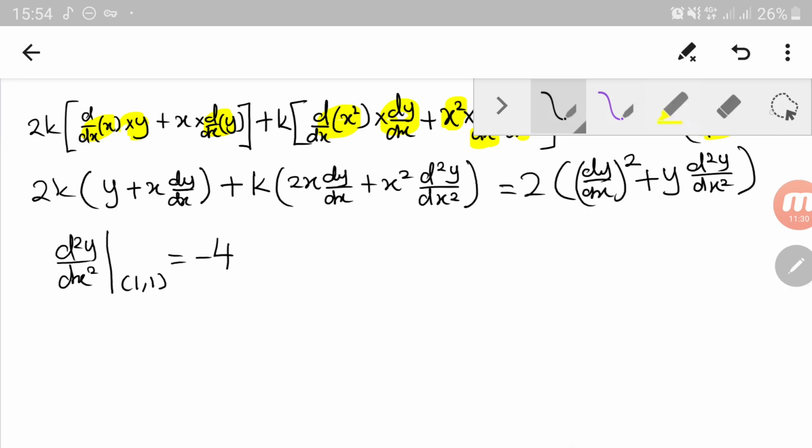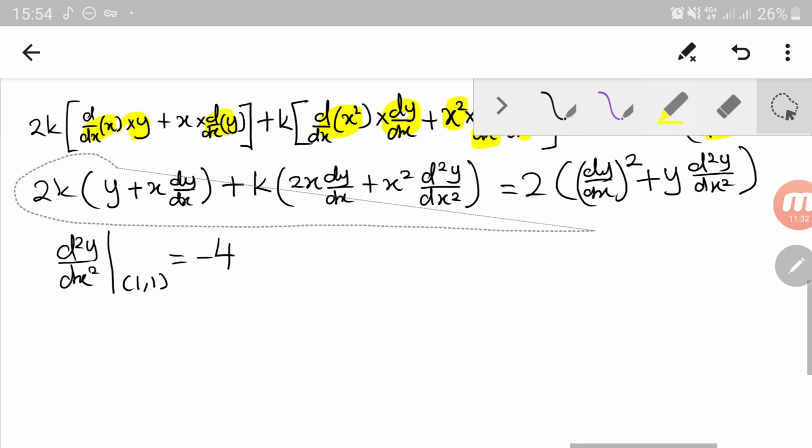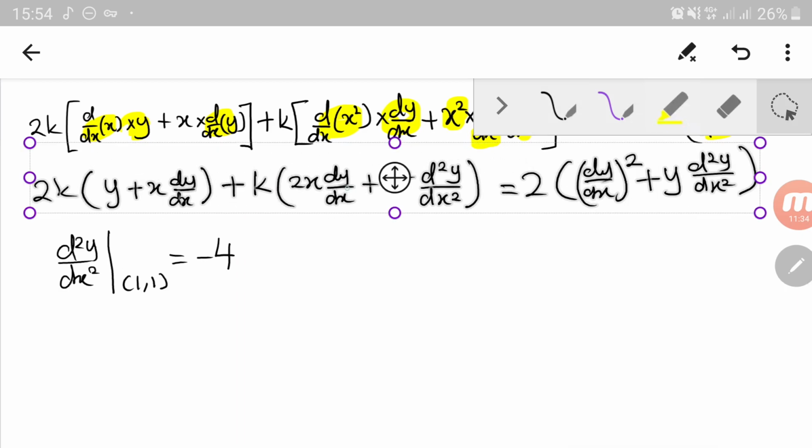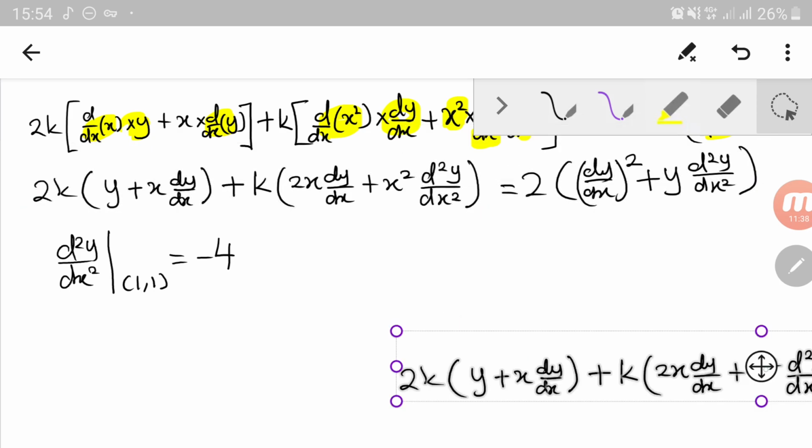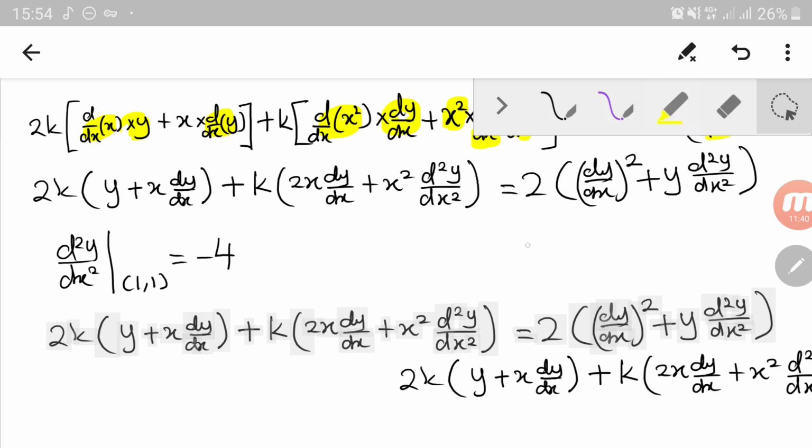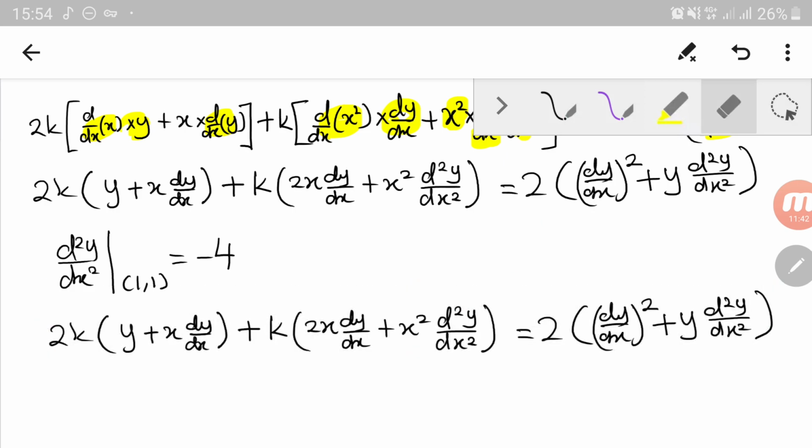So I copy paste all this, and then we can substitute the values. Now y is 1. We substitute all the y's inside it. This one y also 1. Okay, done.